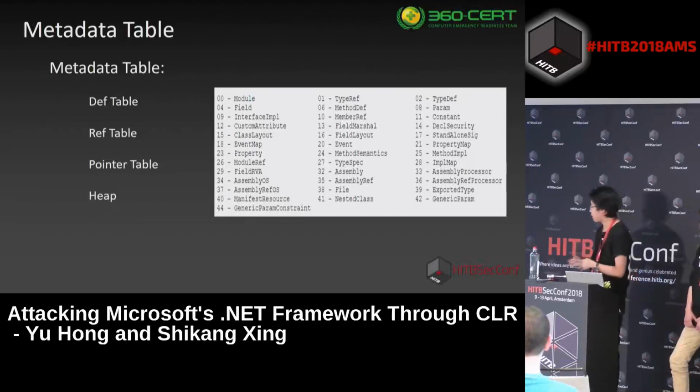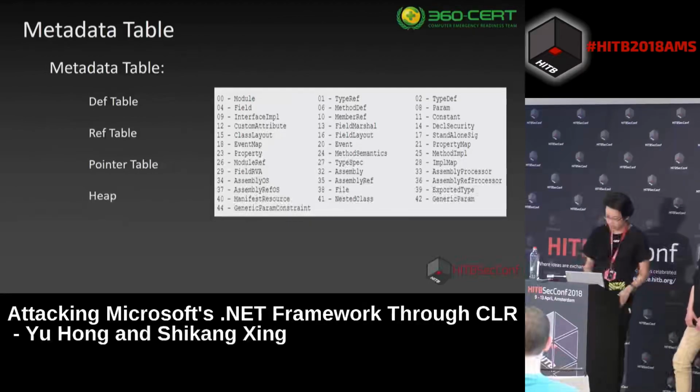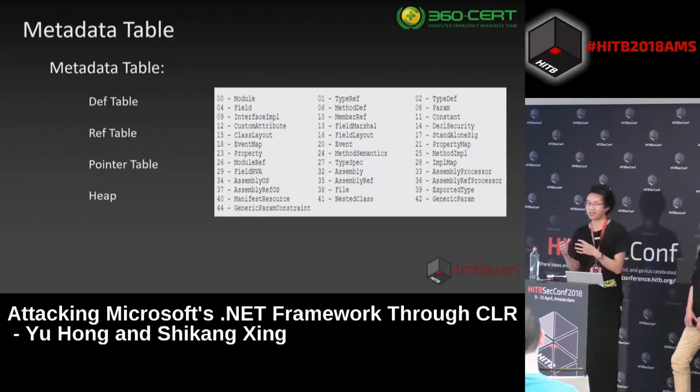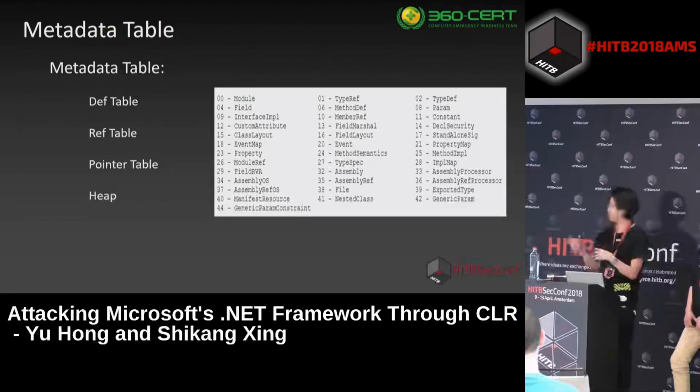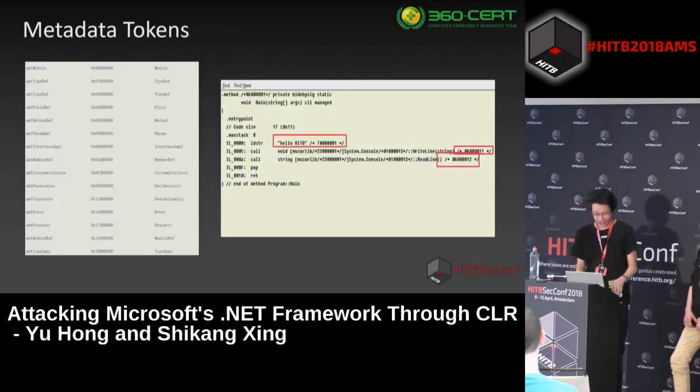And the second, the ref table. The ref table refers to elements that can be in other modules of the same assembly or in different assemblies. And the next, the pointer. The pointer is just a pointer. And the last, the heap. The heap is common knowledge in security.